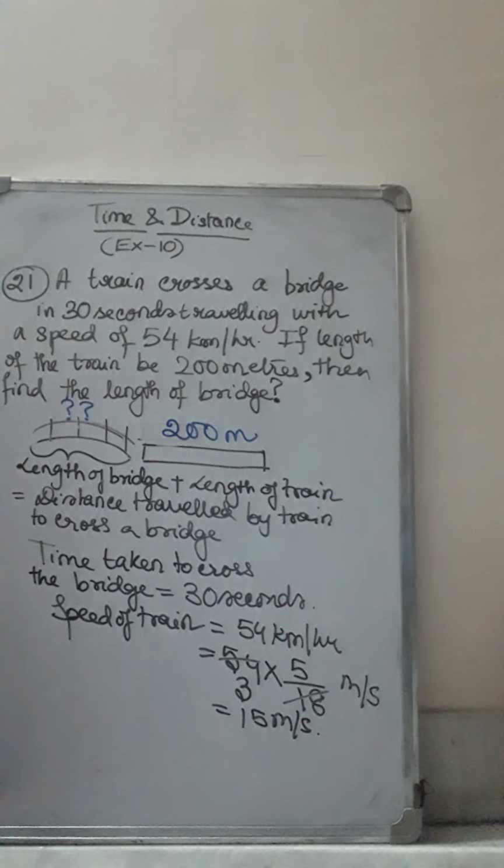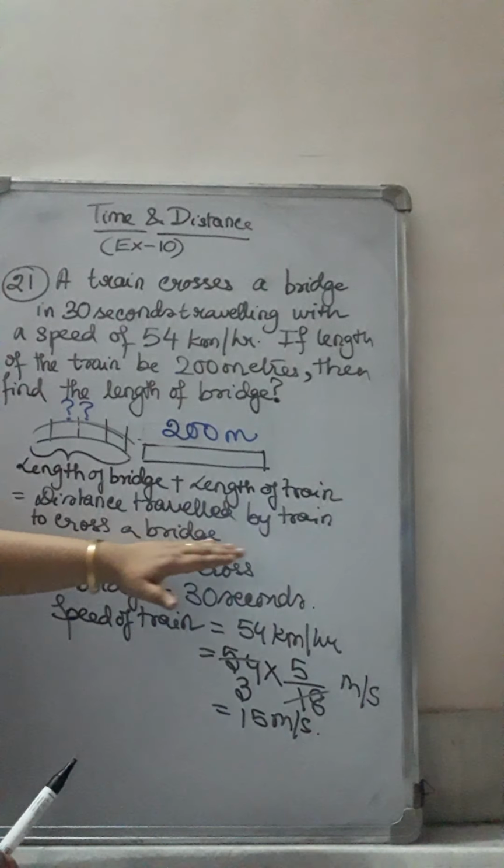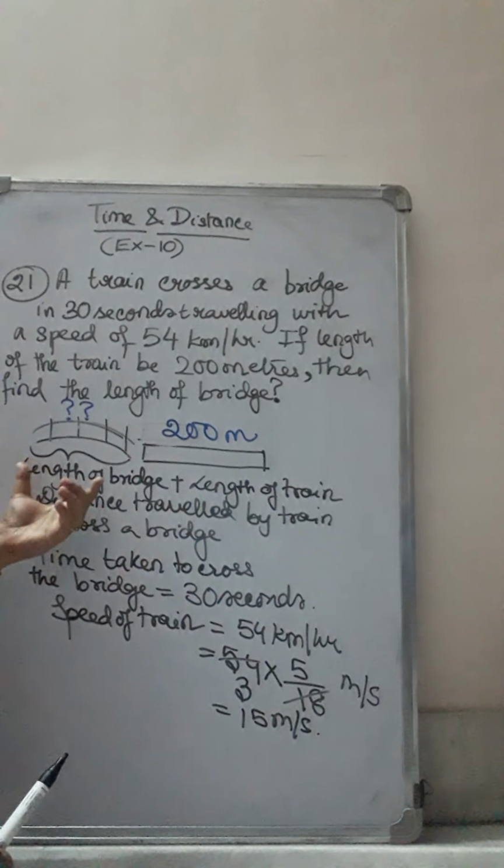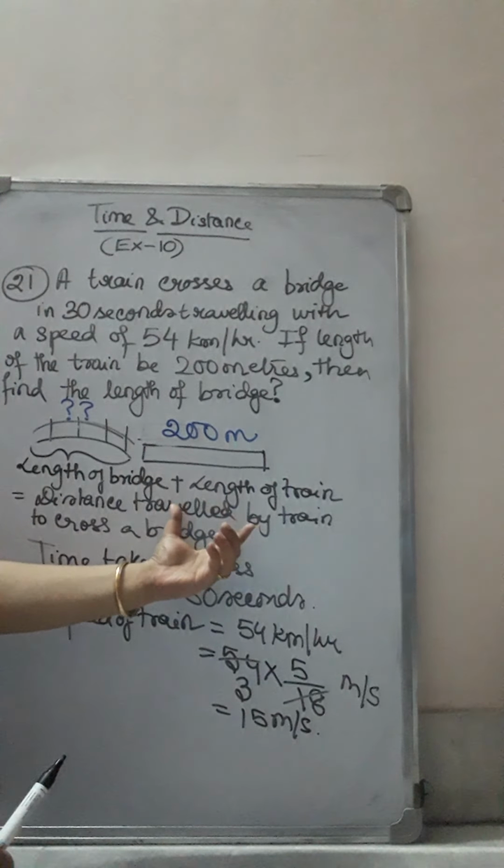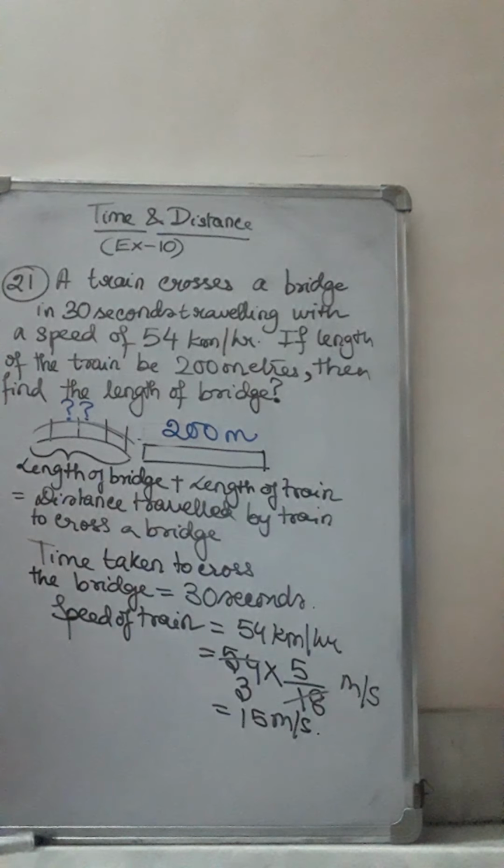Here I have written one very important sentence: in order to cross a bridge, the distance travelled by the train is the length of the bridge plus the length of the train. First, from the speed and time, we can find the distance.